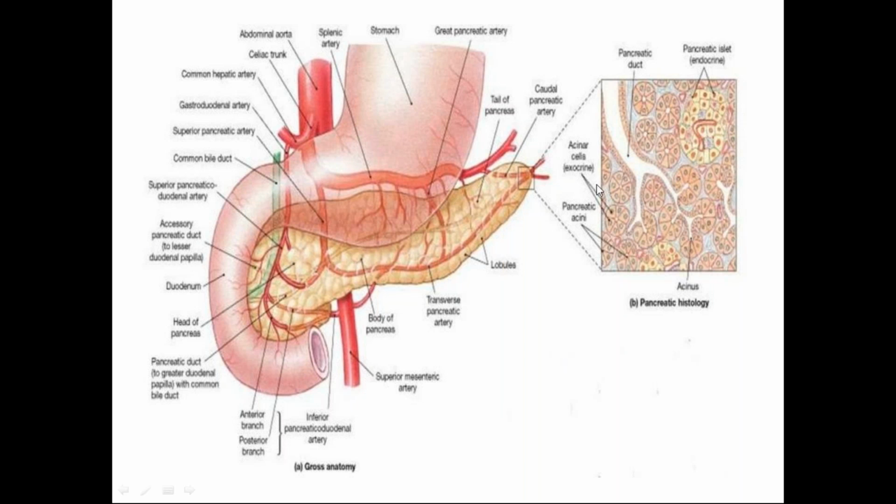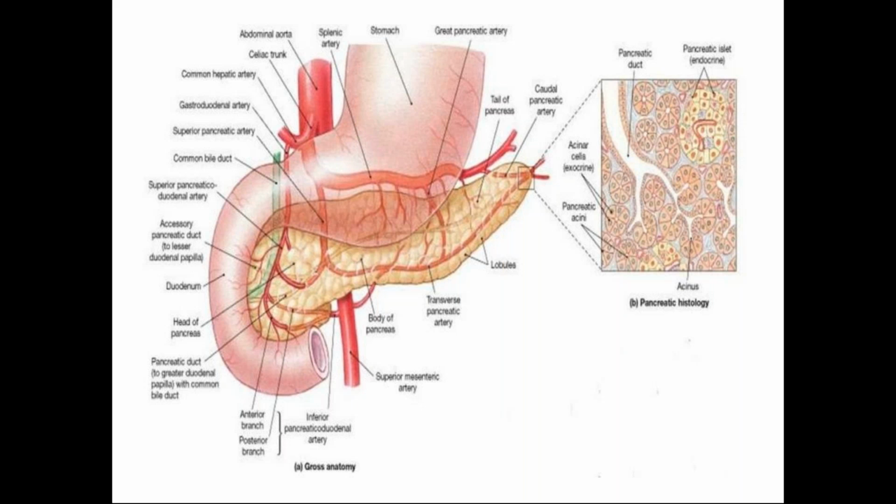So in histology, you need to remember the pancreatic duct and the acinar structures, and both exocrine and endocrine functions. Among the endocrine hormones, the most important are insulin, glucagon, and somatostatin.